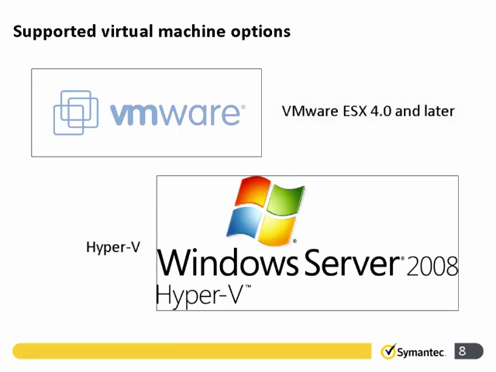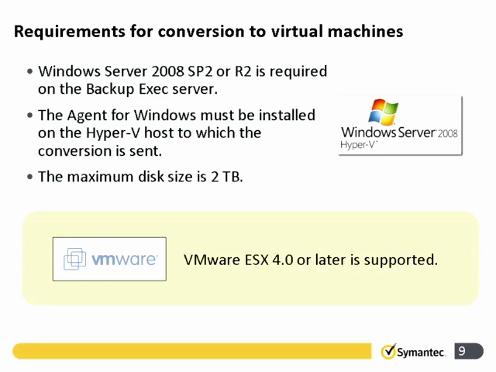We support VMware ESX 4.0 and later, which includes ESXi 4.0 or later, and Hyper-V in Server 2008 or Server 2008 R2. To do VMware, you have to be ESX 4.0 or later, and we will support any of the pieces that are newer, including ESX 5 and the different hardware layers that are included in that.